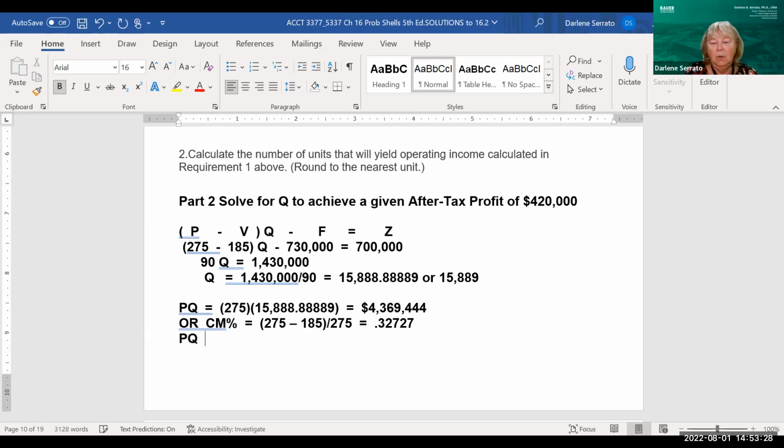So PQ is equal to Z of 700,000 plus F of 730,000, divided by 0.32727.